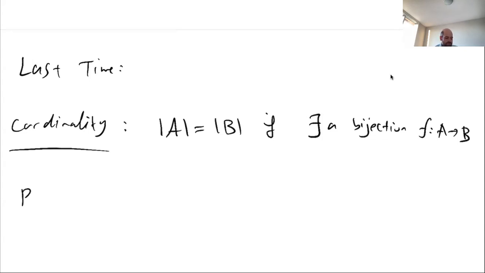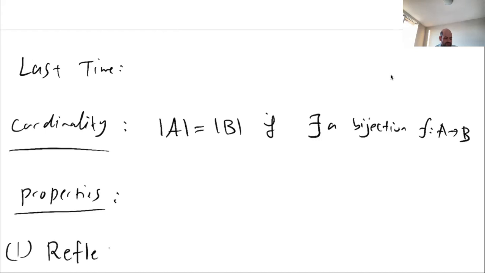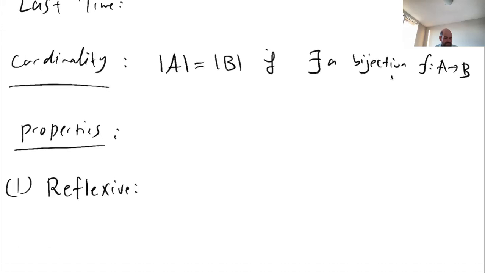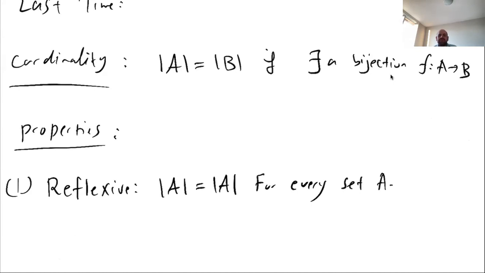Okay, now let's look at some properties of these cardinalities. The first property is called the reflexive property, which states that cardinality A equals cardinality A for every set A. Later in this course, when we define relations, we will see that one important type of relation is called a reflexive relation.